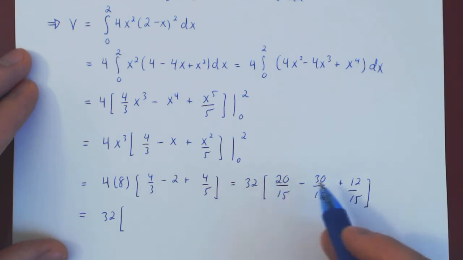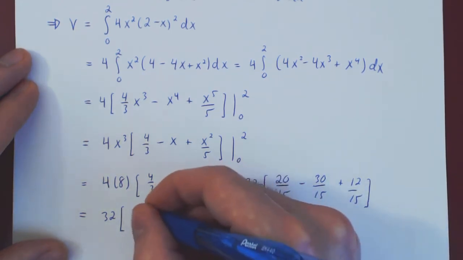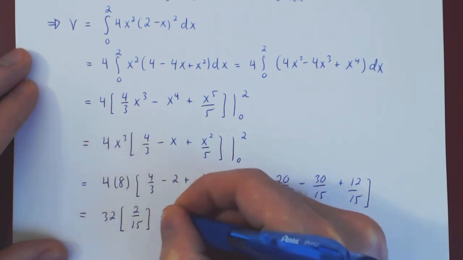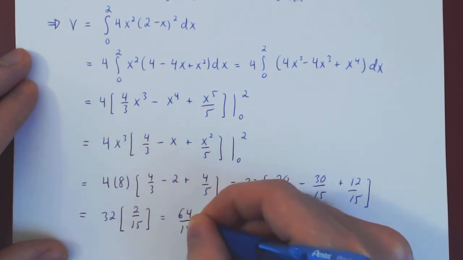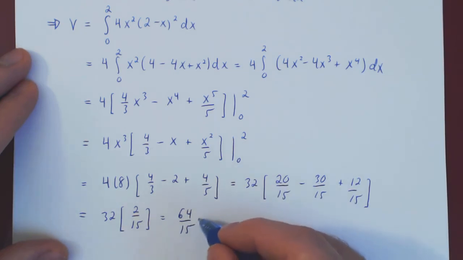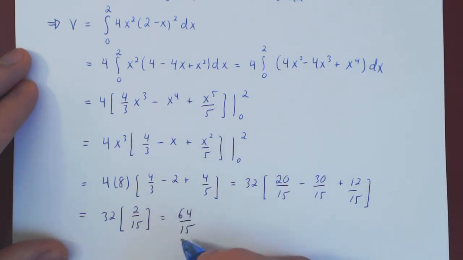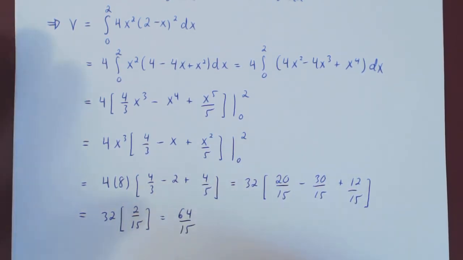Well, 20 minus 30 is negative 10, plus 12 is 2, so it's just 2 over 15. And 32 times 2, of course, is 64. So the volume of our solid is 64 over 15 units cubed.